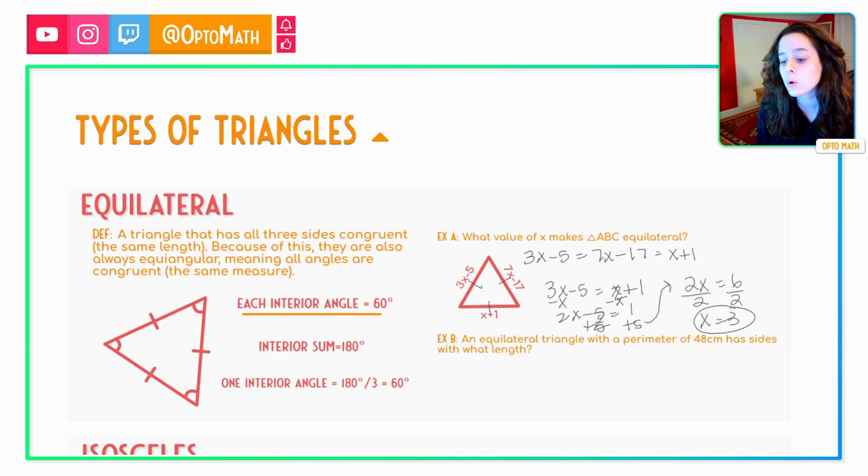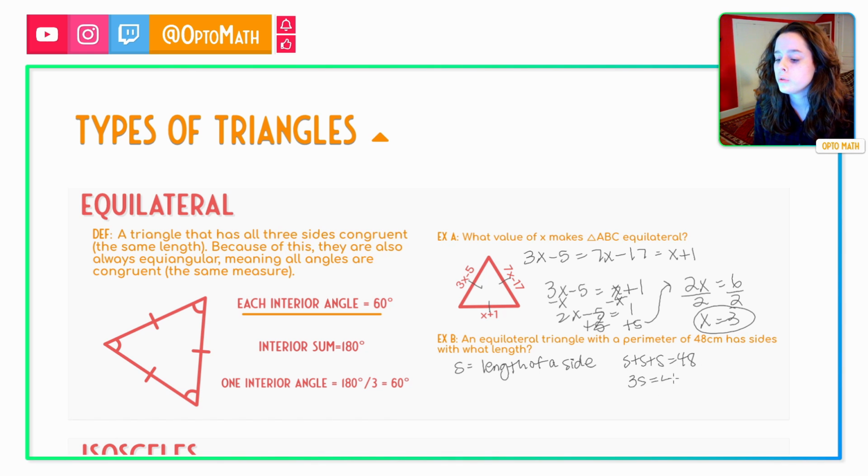Example B says an equilateral triangle with a perimeter of 48 centimeters has sides with what length? Okay, so we know the lengths of the sides are all equal. So if we say S is the length of the side, we could say that side plus side plus side equals 48, which is the same thing as saying 3 times one side is equal to 48.